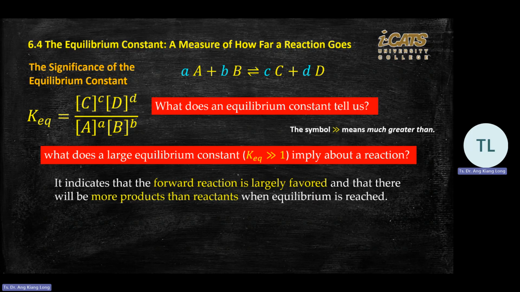So first, the direction of reaction: you state the direction of reaction is forward reaction. And then when there's a forward reaction, there will be more product than reactant. This is how you answer in your test and final exam. When equilibrium is reached, you need to state the situation.